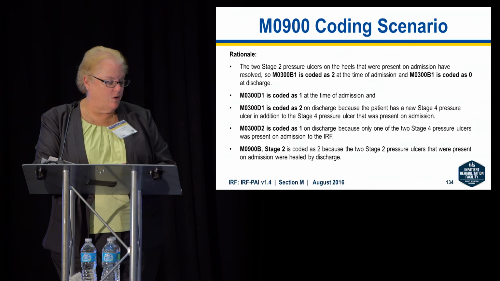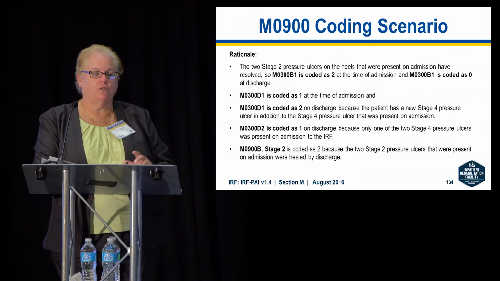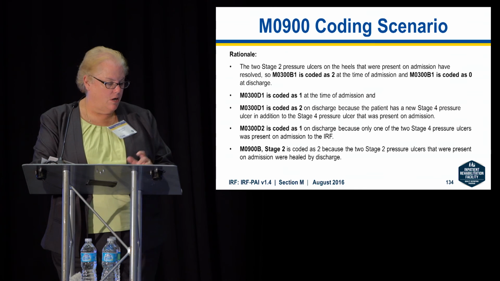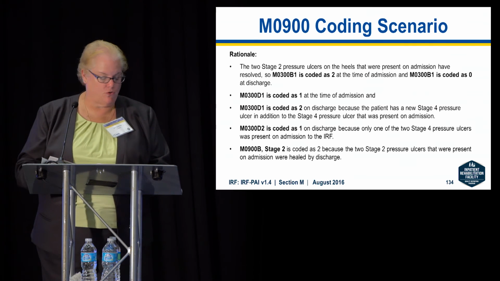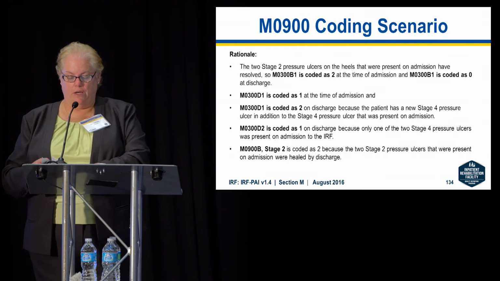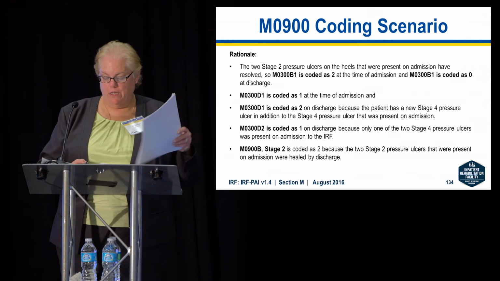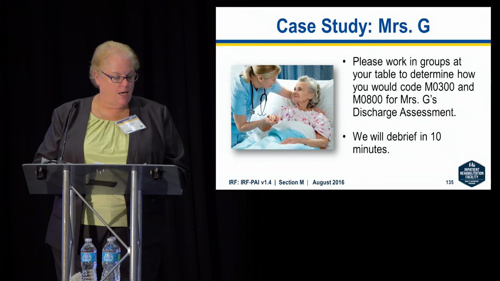And then we coded M0300D1 as 2 on discharge because now they had the one from admission plus they developed another stage 4. And then M0300D2 is coded as 1 on the discharge because only one of the stage 4 pressure ulcers was present upon admission.